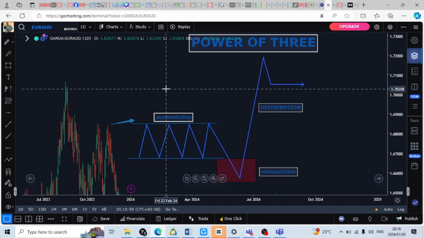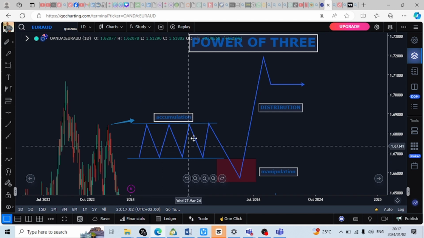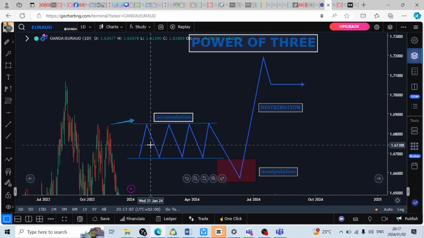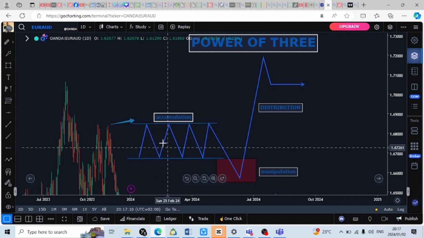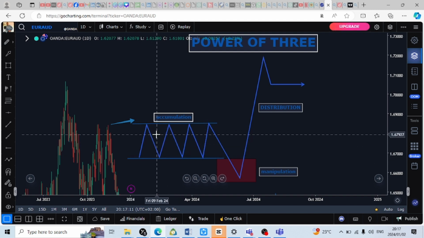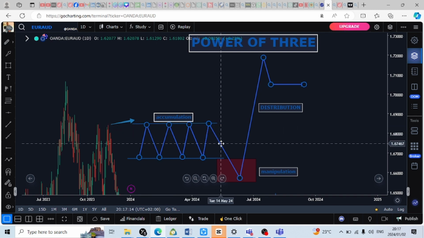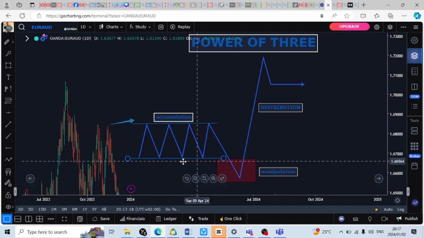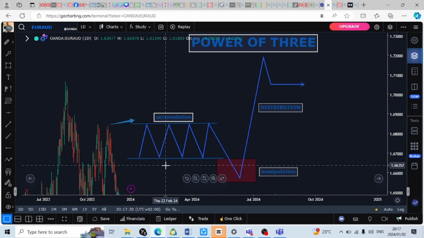So what these smart money traders will do is this: once they are done accumulating the orders during this process, they've managed to buy from these people who are at this particular level. They then manipulate the price to come down. Why? There is liquidity residing below this level.